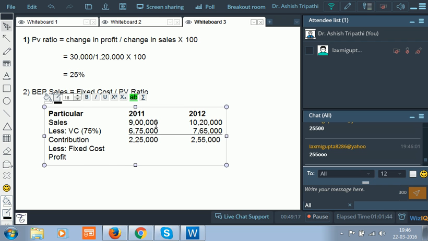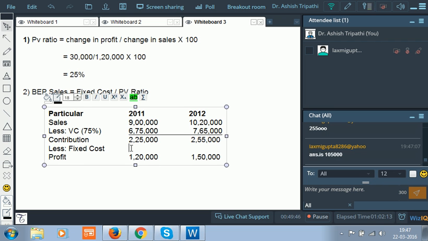So let us record profit first. Profit for the first year is 1,20,000. Profit for the second year is 1,50,000. So the difference, contribution minus profit.